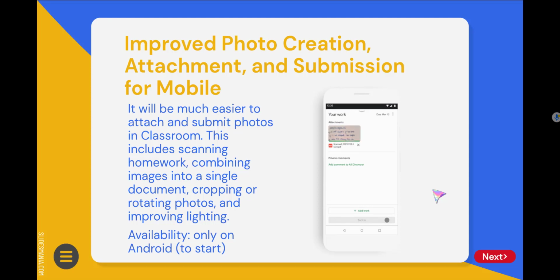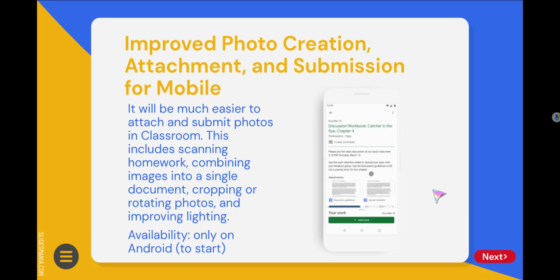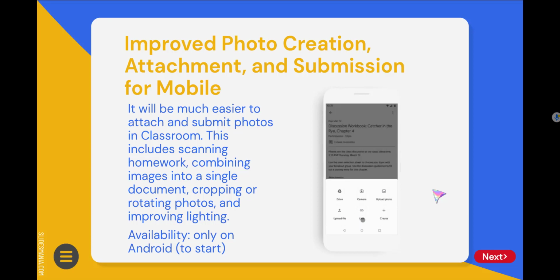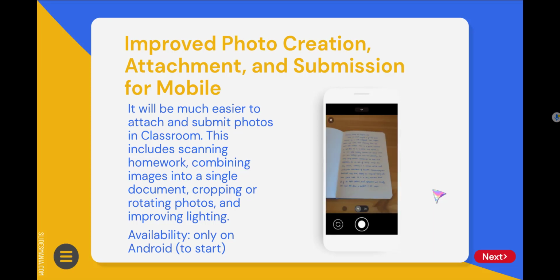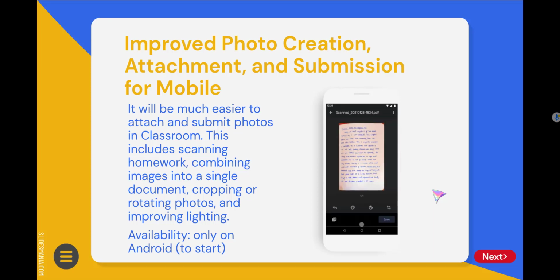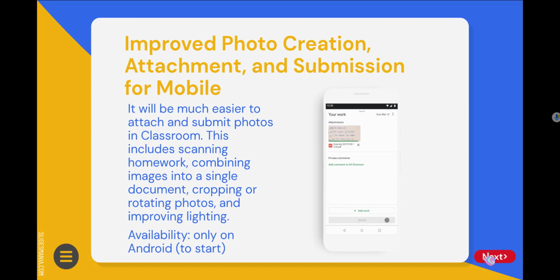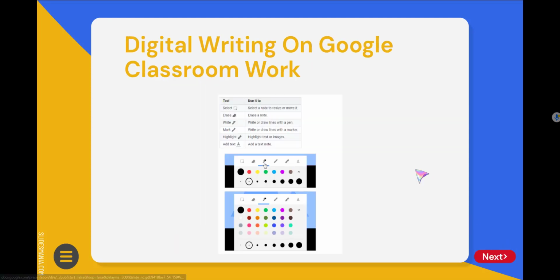And then what you can do is also attach multiple pages into one PDF. So it'll take the picture, it will crop out all of the white space, and then it will allow you to add multiple pages so that you are not scrolling through 10 pictures to grade 1 assignment. Everything will be in one PDF document for you.